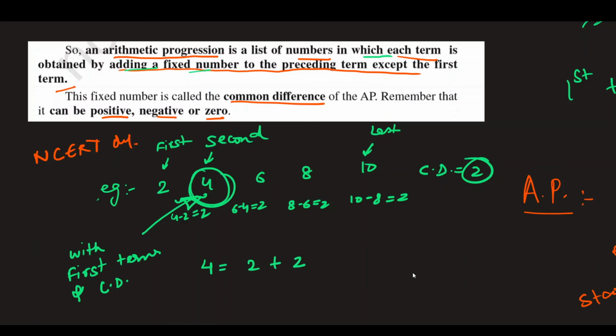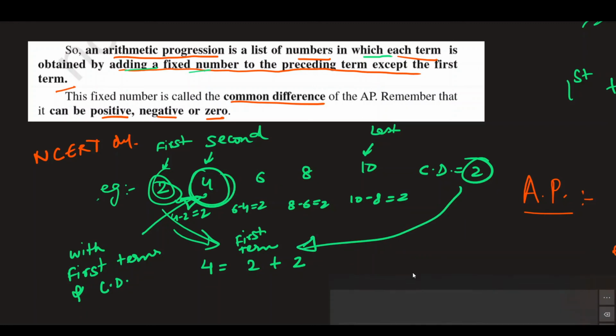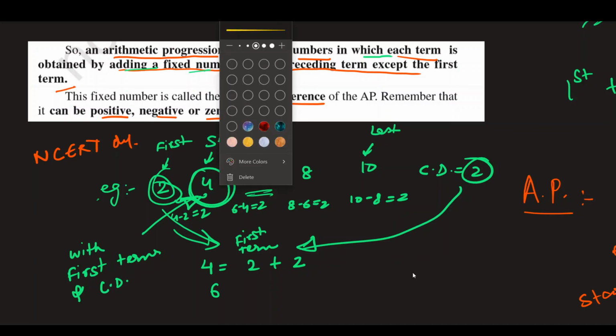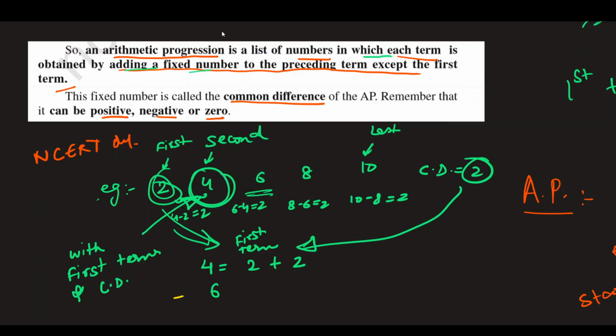This first 2 is the first term, and this second 2 is the common difference. Then they are saying that the next term 6 can be written as 4 plus 2.